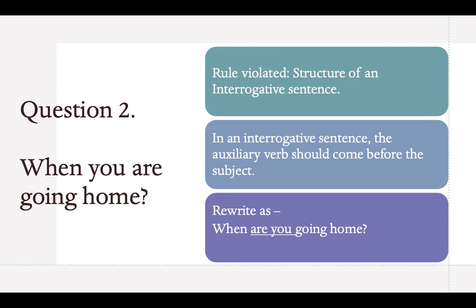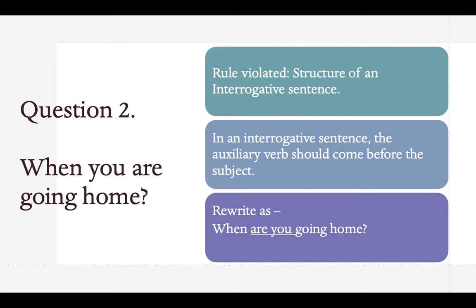That is, the helping verb, the auxiliary verb, always comes before the subject. The subject is not what comes first. So when you get a sentence like this, when you are going home, you know the when is the question word, of course. You is the subject. The sentence asks a question about this you. When you are going home, are is the helping verb.